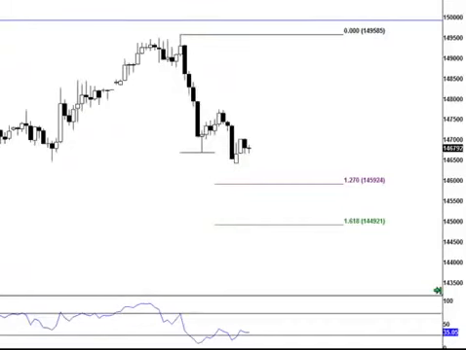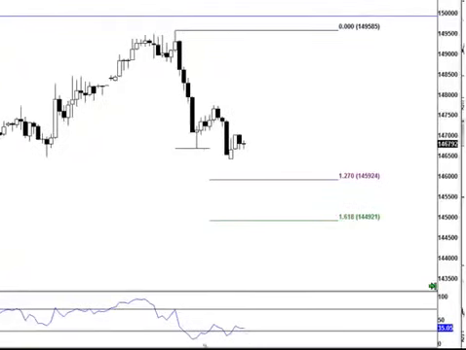Now if I look at my RSI, my relative strength index, here at the bottom of the page, what you're going to notice is that while I continued to make lower lows on the chart, my RSI was making higher lows, indicating that we were making our lower lows on less and less strength. Now this gives us a really great insight into what's happening in the marketplace. So as we continue to make these, what we're looking for is a continuation down into the 127 extension on, again, higher RSI or more divergence.